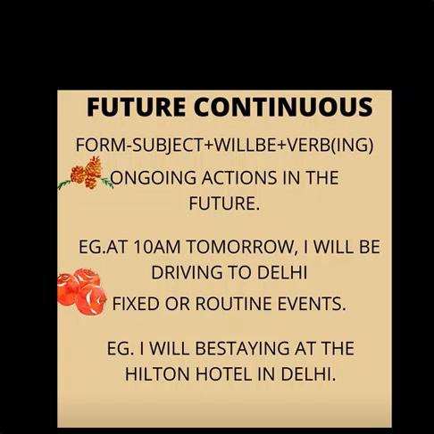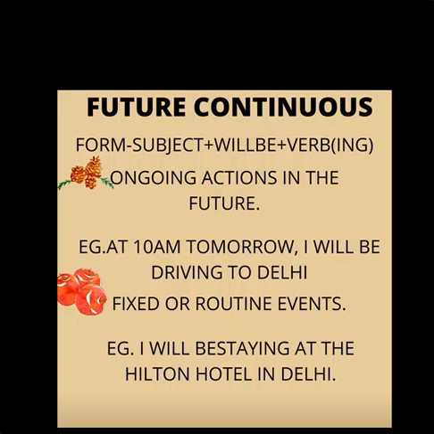For example, at 10 a.m. tomorrow, I will be driving to Delhi. Another example, at 10 a.m. tomorrow, I will be writing my exam. Like fixed or routine events. The event is fixed. There is no change in that event.